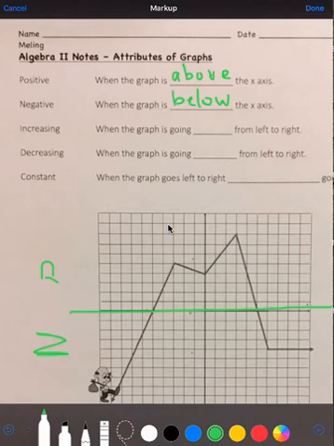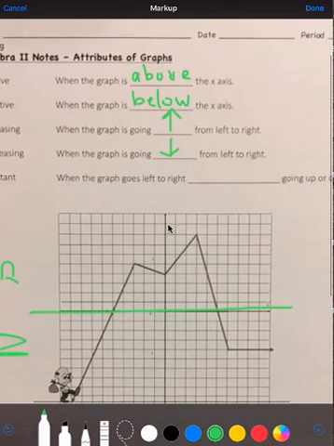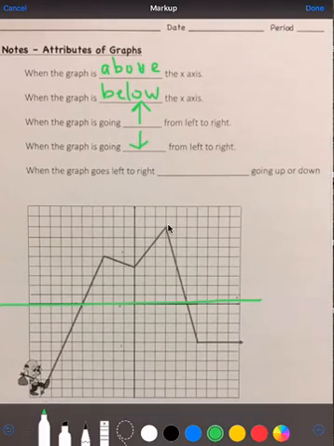So increasing and decreasing. Increasing is when the graph is moving up from left to right, and decreasing is when it's going down from left to right. We always read graphs from left to right. And then constant is when the graph goes left to right without going up or down.